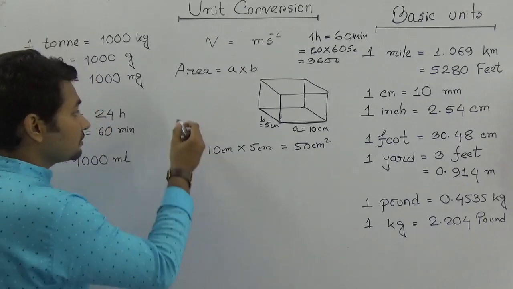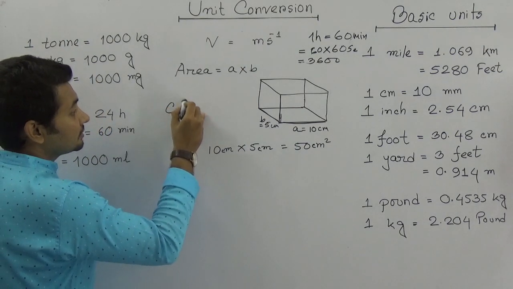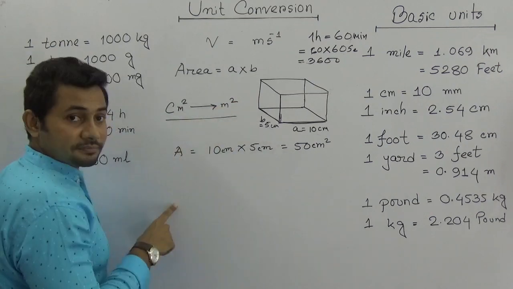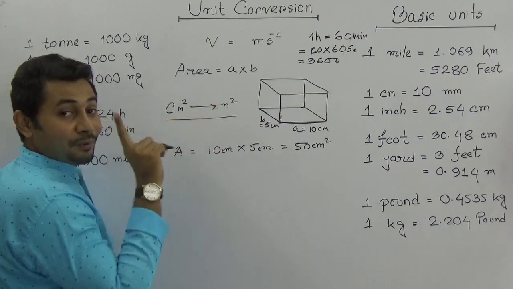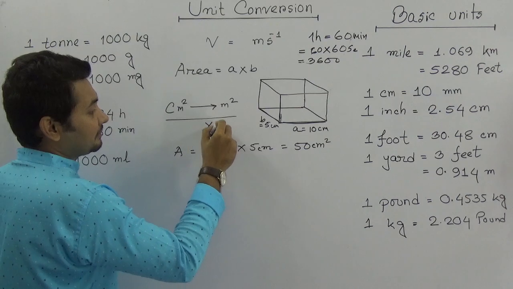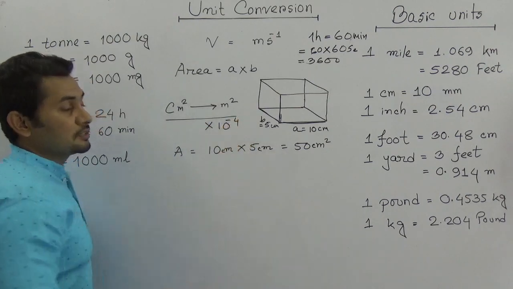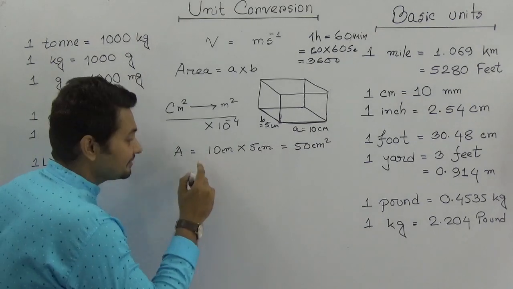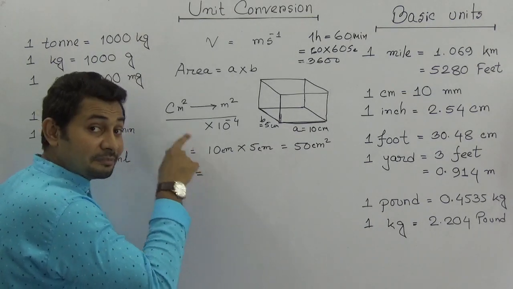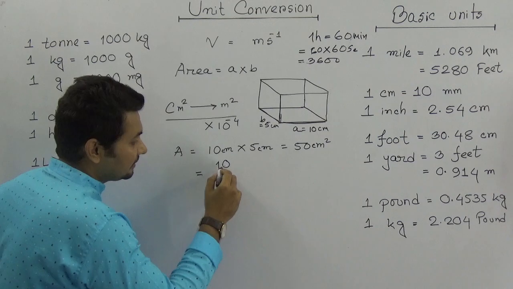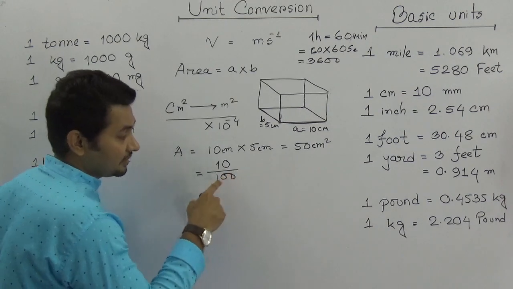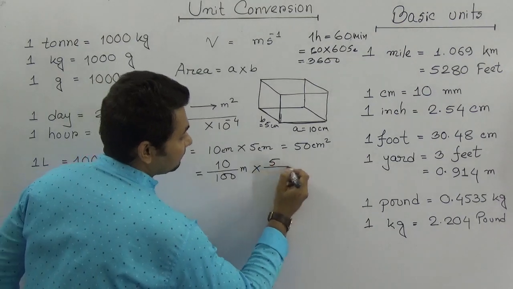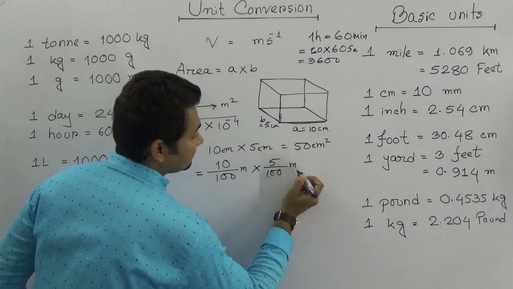But if we need to convert this centimeter square to meter square, what will happen? One thing is important: just multiply by 10 to the power minus 4. How? Let's say this is 10 centimeter. To convert to meter, 10 divided by 100 meter, times 5 divided by 100 meter.